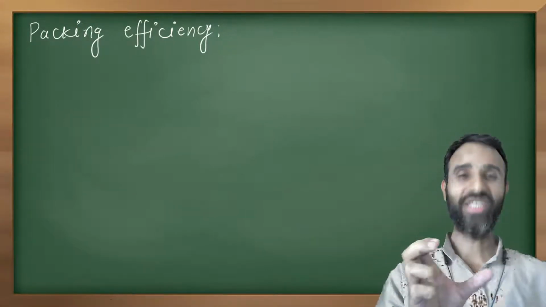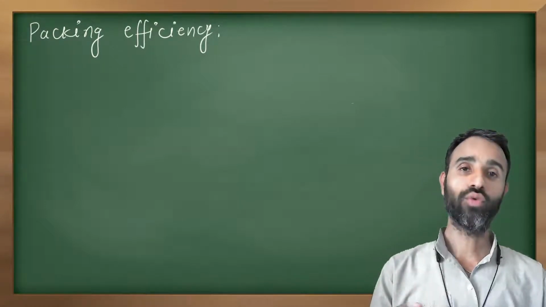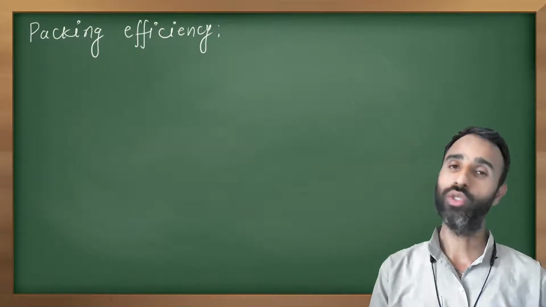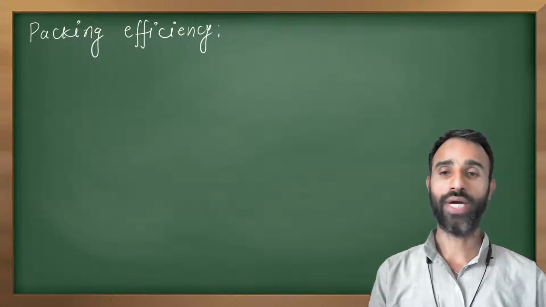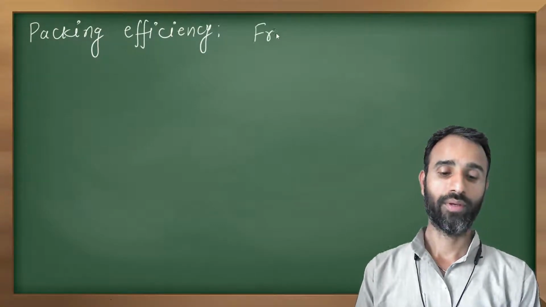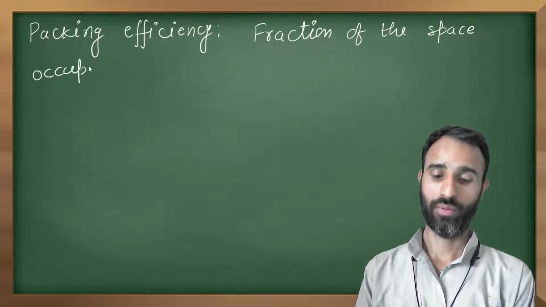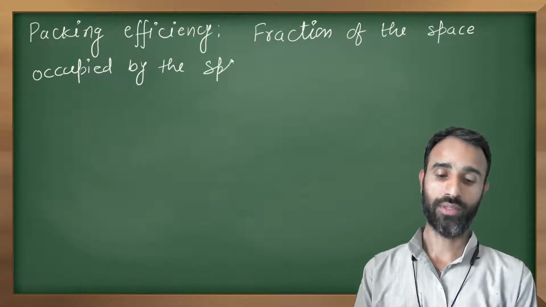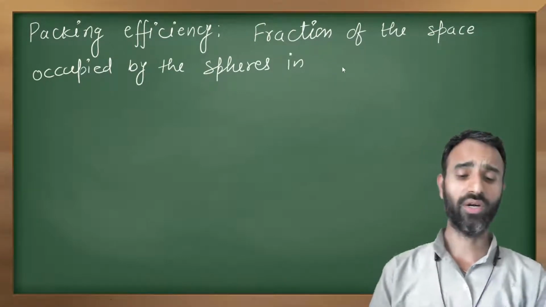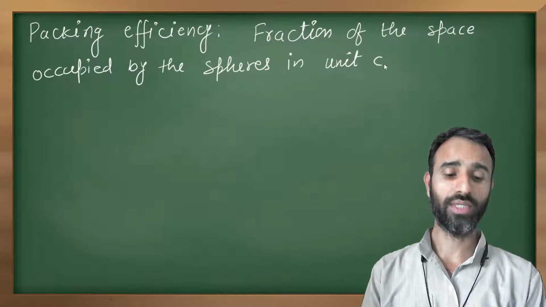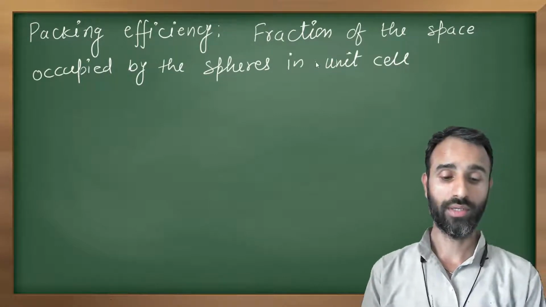So a miniature version of the crystal is a unit cell. So we take into account a unit cell. If we define it, it is the fraction of the space occupied by the spheres in a crystal, or because we are dealing with unit cells, in a unit cell.